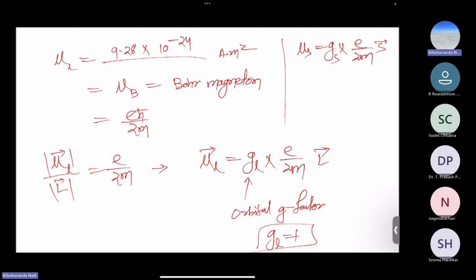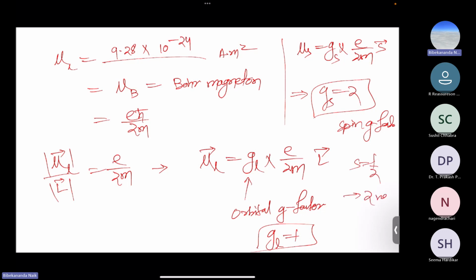Here gS is 2, which is the spin g factor. Why is this 2? Because for S equal to half, there are two values. So the factor is 2 here.